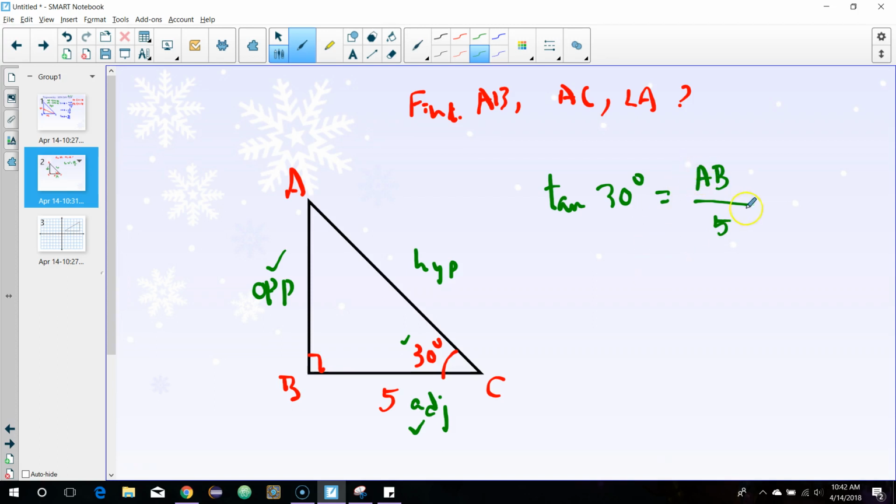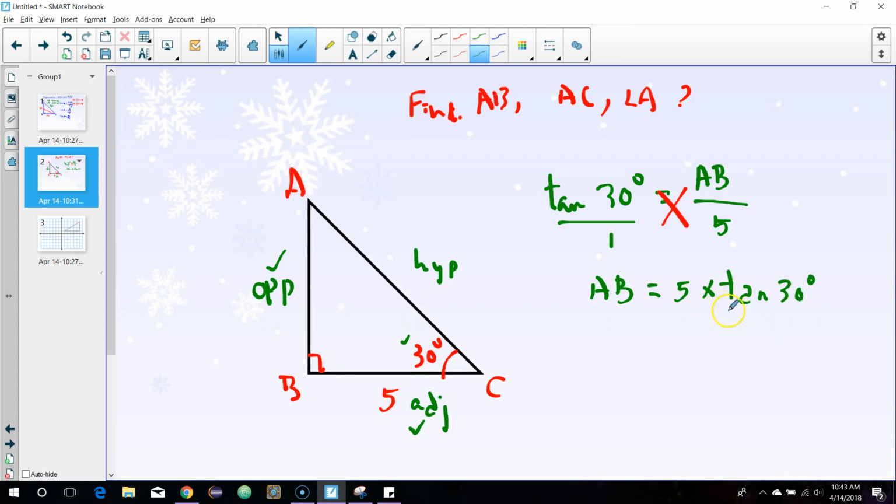So in this scenario, because we are trying to find AB, I have to do a cross multiply over here. Simply just put a 1 over there. So you can cross multiply this. 1 times AB is going to be just your AB. And so AB is equal to 5 times tangent 30 degrees. Alright.